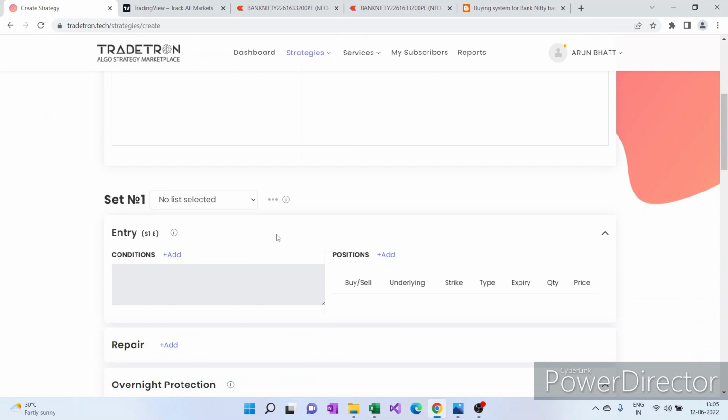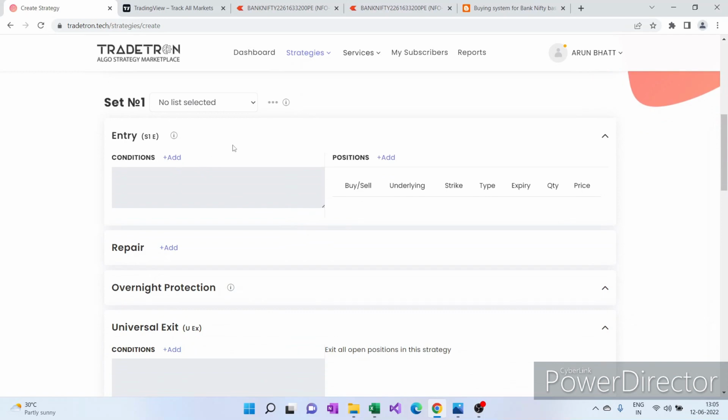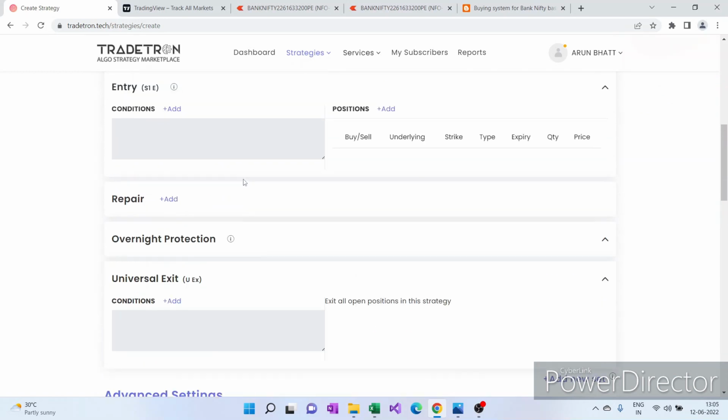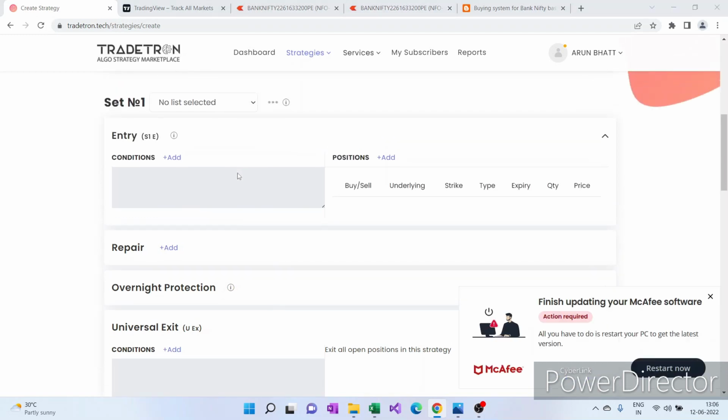The first set will capture the C and P options which are trading near 50, because there is no way in TradeTron to refer to which option was trading near 50 after some time. So set 1 will be capturing that, then set 2 will be taking entry in C, set 3 will be taking entry in P. And because we don't have stop loss, it's very easy. We'll just have a universal exit at 14:56. So the strategy is kind of easy.